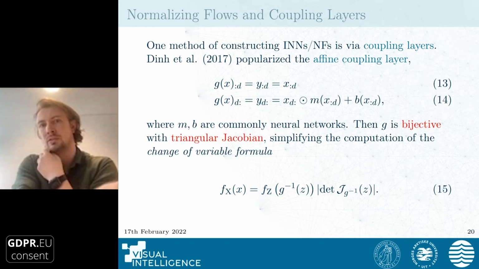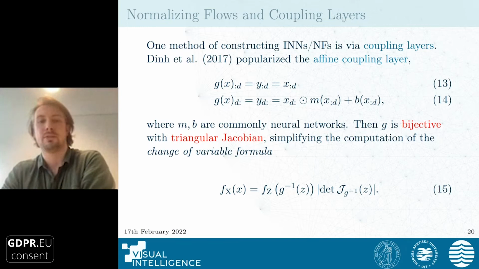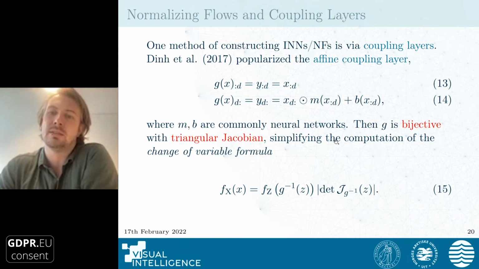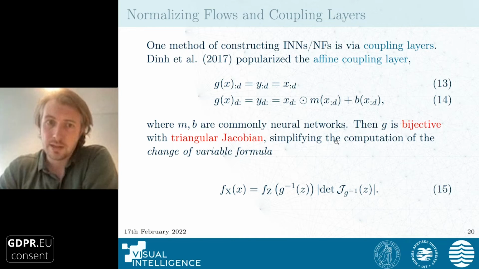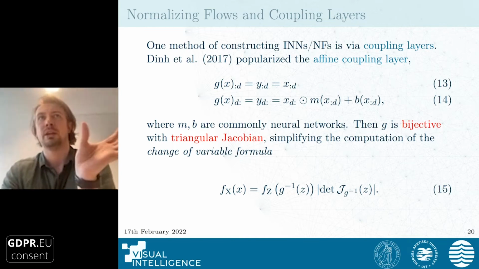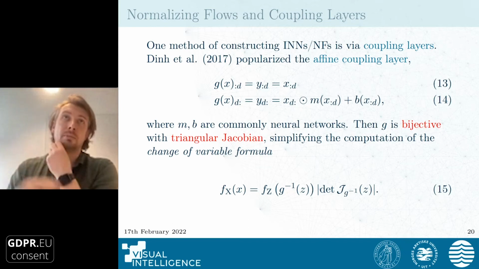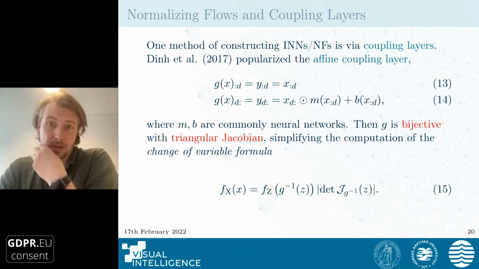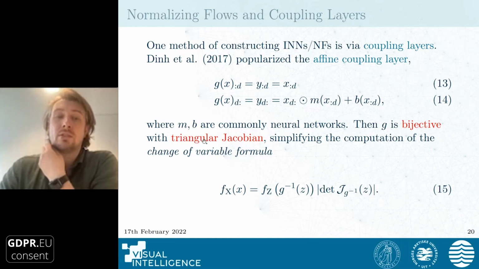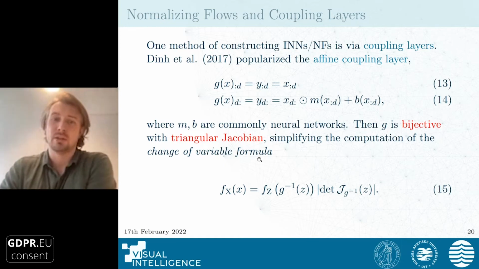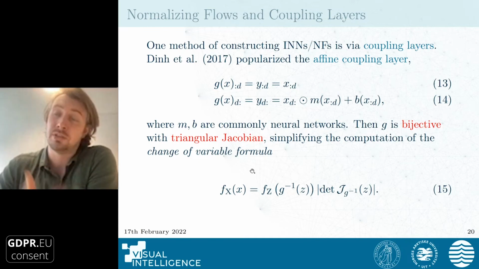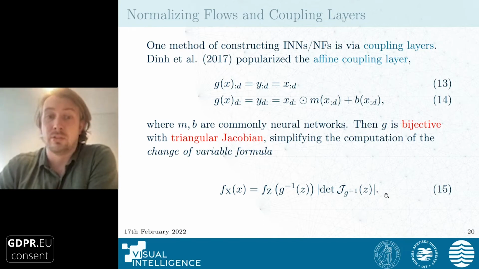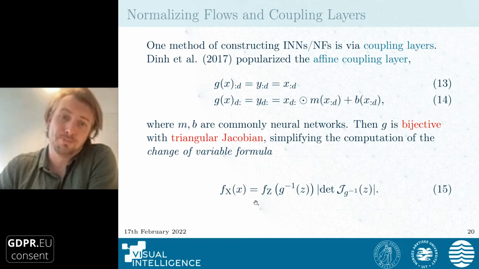So we let the transformed half affect the other half. The nice thing about this approach is that it's bijective. Given that you have one half that's untransformed in every layer, you use the same network to find the same parameters, and you can basically invert the layer. It also has a triangular Jacobian, which simplifies the computation of the change of variable formula, which is the central part of a normalizing flow. So this is very, very easy to compute.